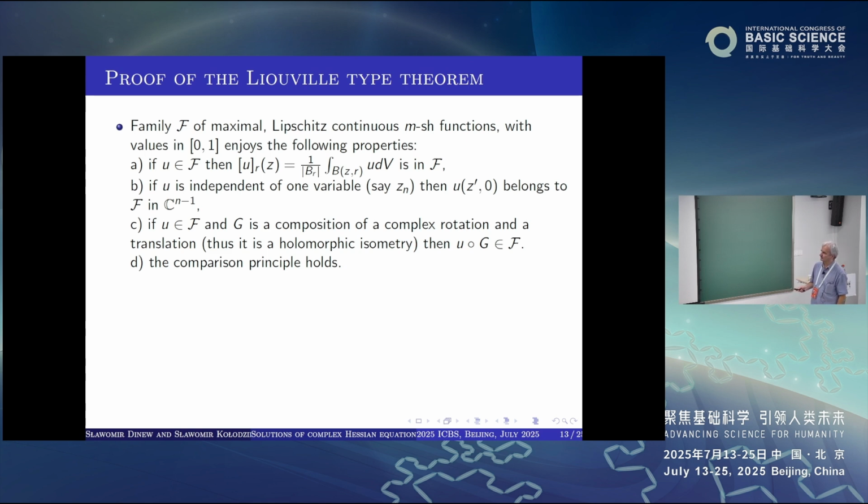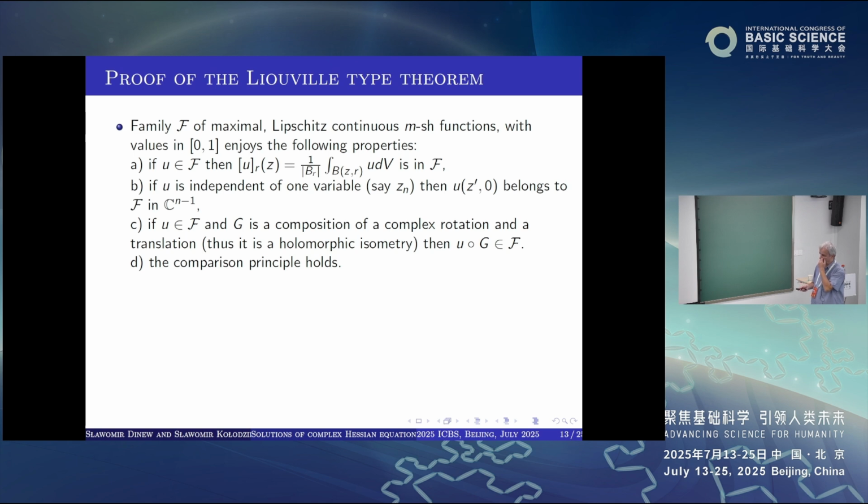Then if we take u in F and G a map from Cn to Cn, which is either a complex rotation or translation or a superposition of those. So in particular, it is holomorphic geometry, then this composition is also in F.